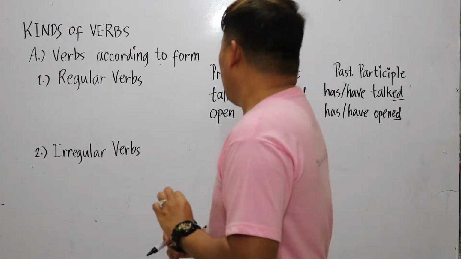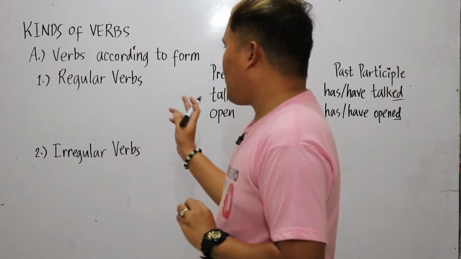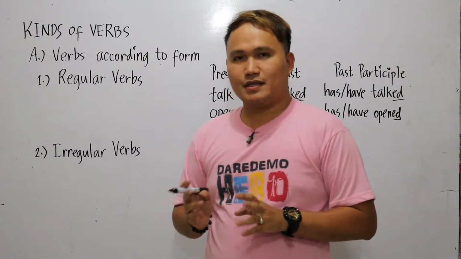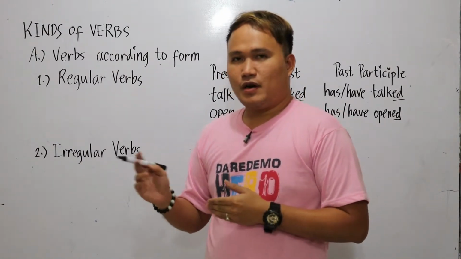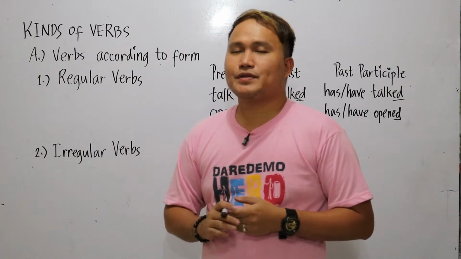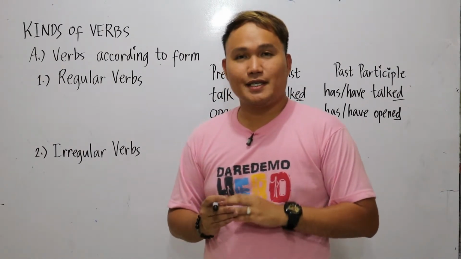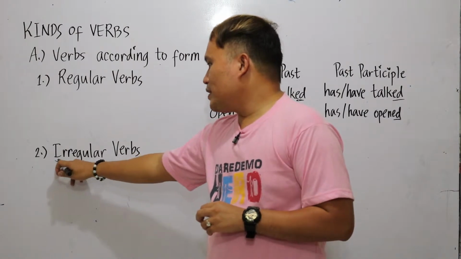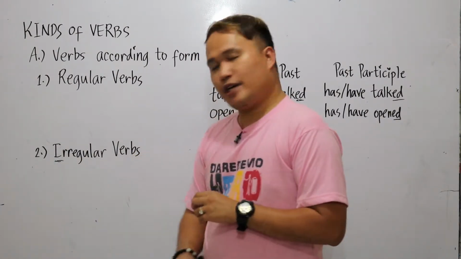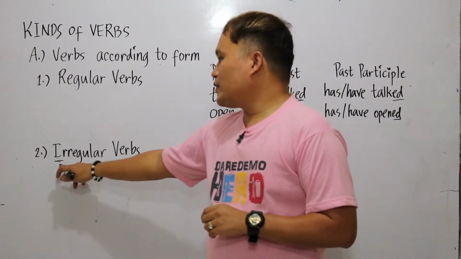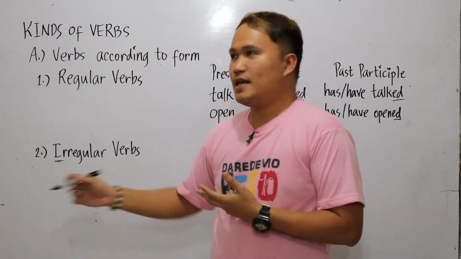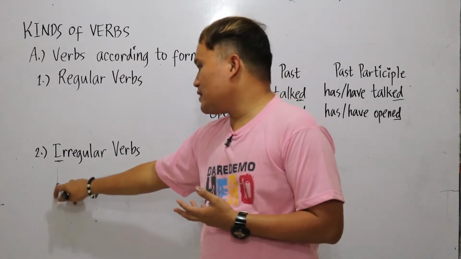Okay? Now let's have the irregular verbs. How does it differ from regular verbs? Anyone who has an idea? Okay. From the prefix, as we all know, if it's like irregular, or un, this means not, right?